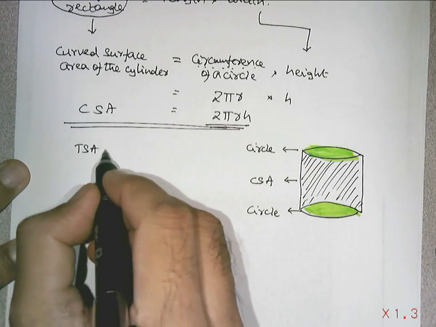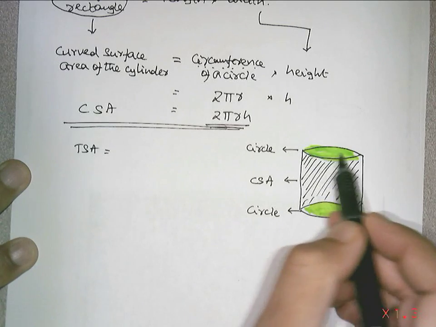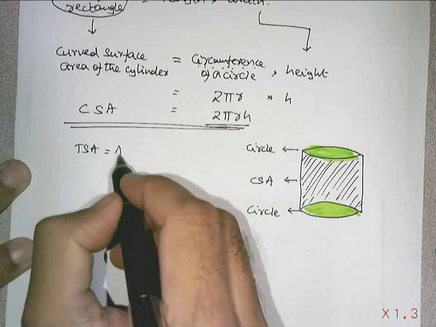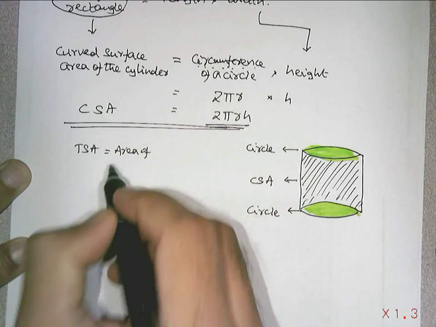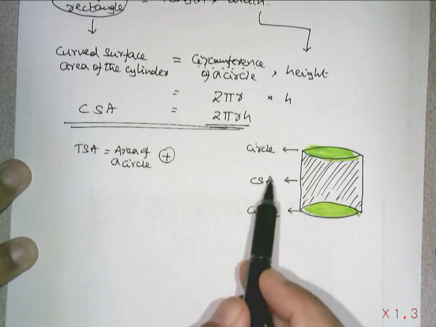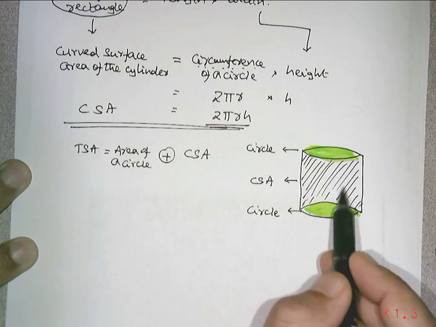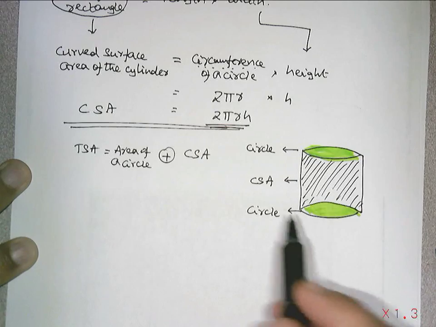So I'm writing this one. This part is area of a circle, plus this curved surface area of the cylinder, plus another circle.